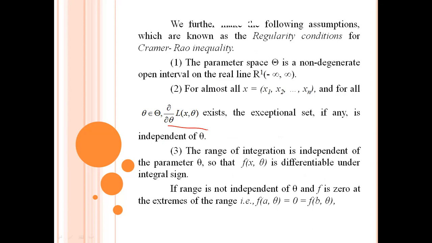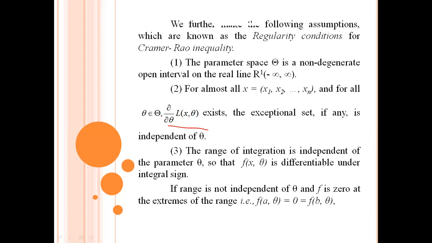Then the third one is that the parameter theta is independent of the range of integration. If the parameter theta is independent of the range of integration, then f of x comma theta, that PDF, is differentiable.